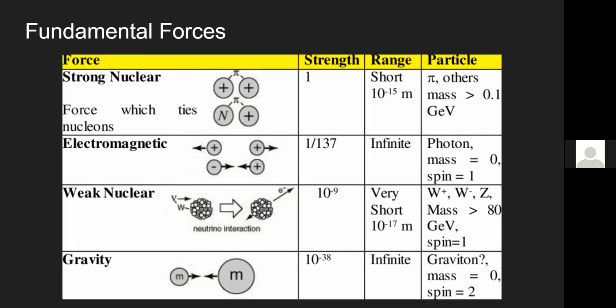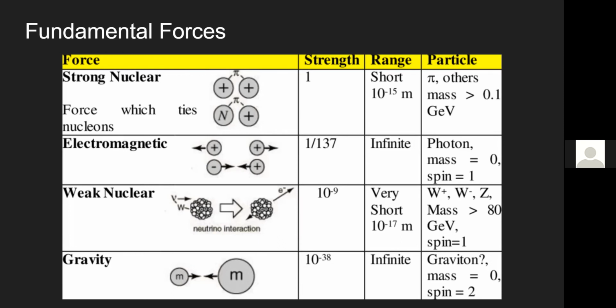The next in strength order is the electromagnetic force. The electric force and magnetism have been combined from a model point of view into a single force. And this one is like gravity. It's an infinite range force. There's no distance limit, and it's still very, very strong.